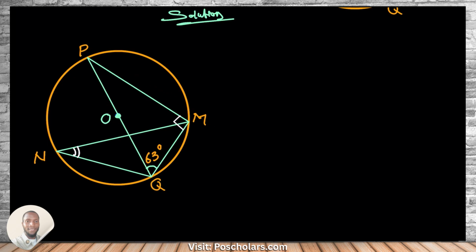One property you know is that the sum of interior angles of a triangle, this shape is a triangle, you can see it, is equal to what? 180. So let's add angle QPM plus 90 degrees plus 63 degrees must equal 180 degrees. What we did was we added this angle and this angle.